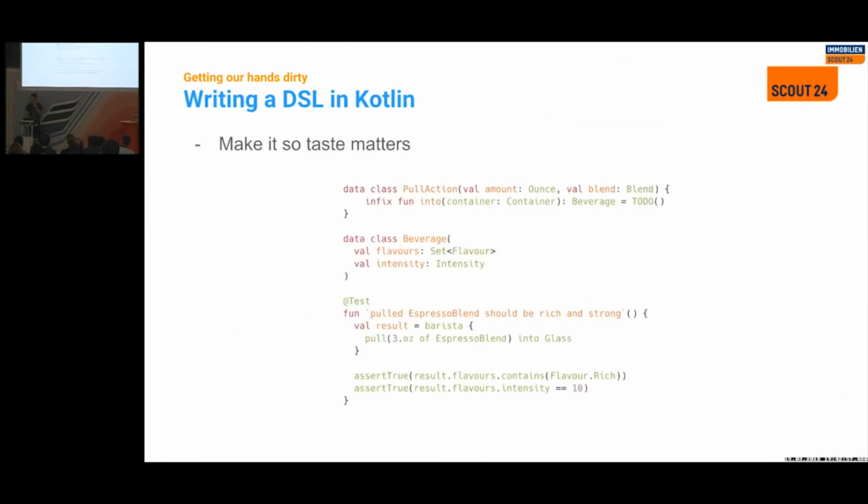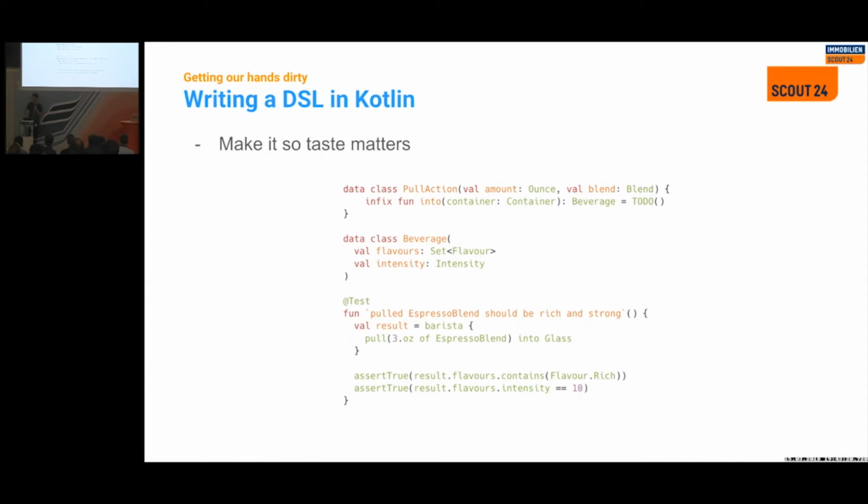On that end, we can also add another test for the actual taste of the coffee. Here we could imagine how our end result, handed out of the DSL, looks: a beverage with certain flavors and a certain intensity, which our implementation will specify later on.